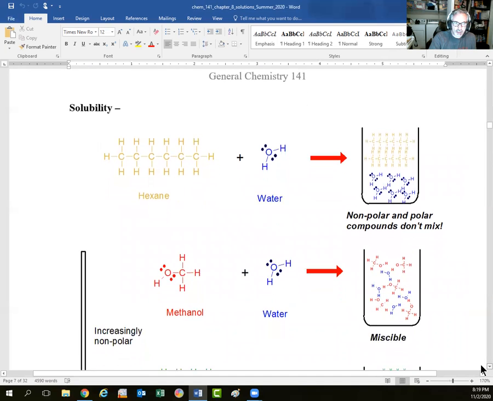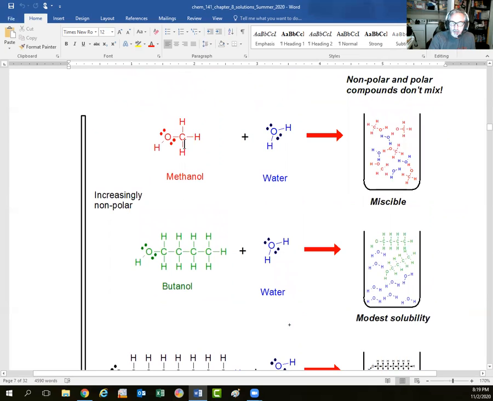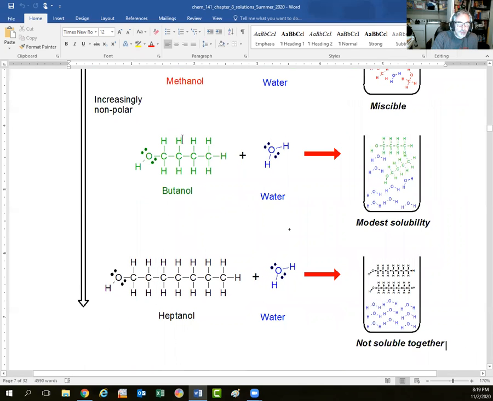However, if you switch hexane for methanol, methanol does have non-polar carbon to hydrogen bonds, but it's also got that oxygen to hydrogen polar group that we associate with water. So now they can speak the same language. They can hydrogen bond to each other and mix into a solution, so they form a miscible solution. We switch to butanol.